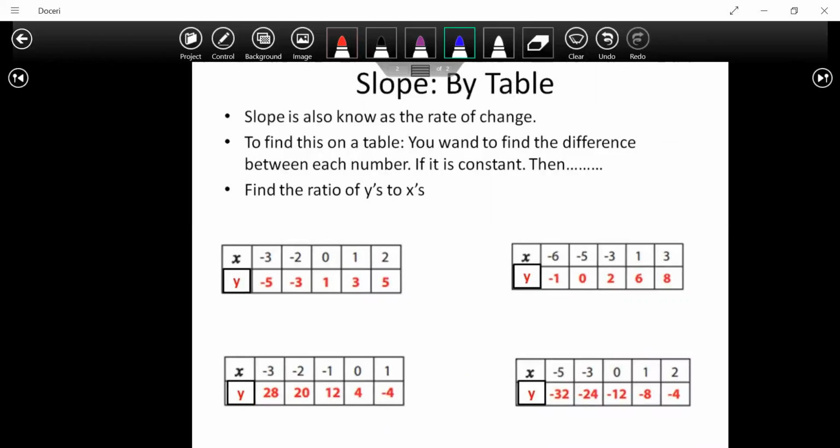To find the table we want, we want to find the difference between each number. If we have constants, we want to find the ratios to determine the slope. And we're going to do that right now. Very simple task. You guys can do it.